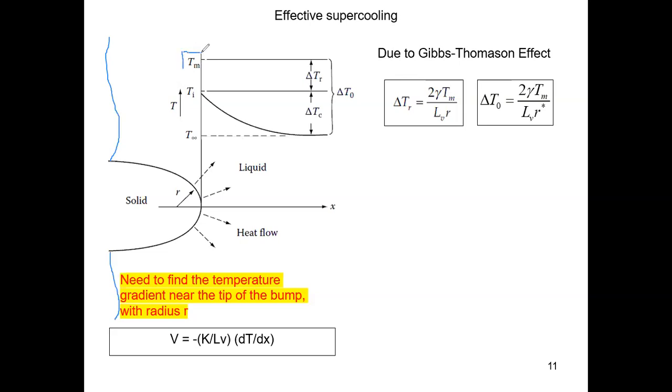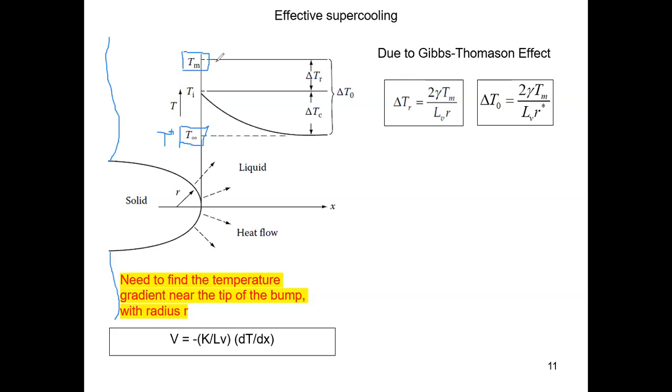In the previous slides we showed the melting temperature is just a reference, right? And this T infinity is the temperature I impose on the system. In our previous example we used this T star, but here it is the same thing. We just impose a temperature on the system, and far away from the tip it's basically a stable temperature. We call this T infinity, but that's the same thing as T star.